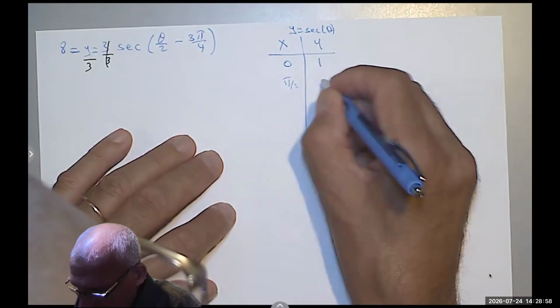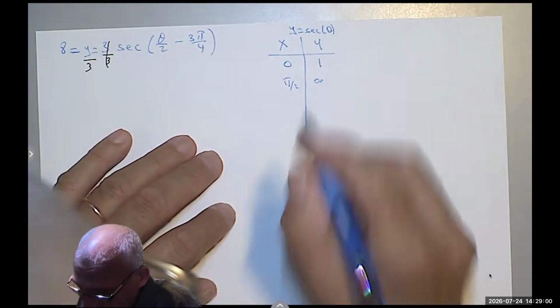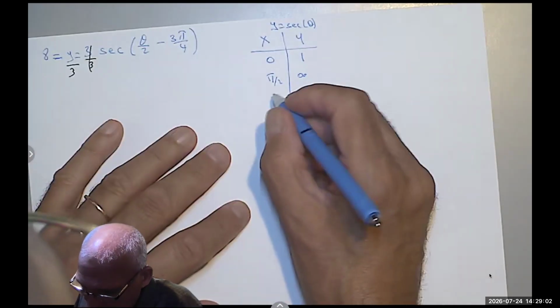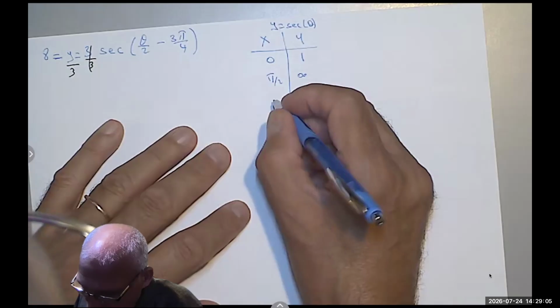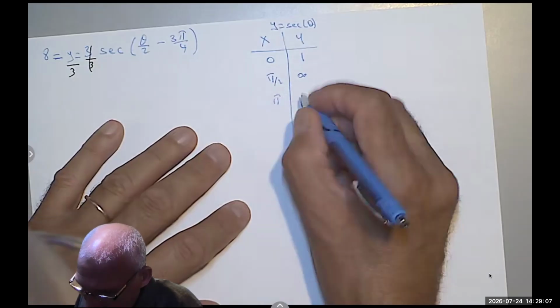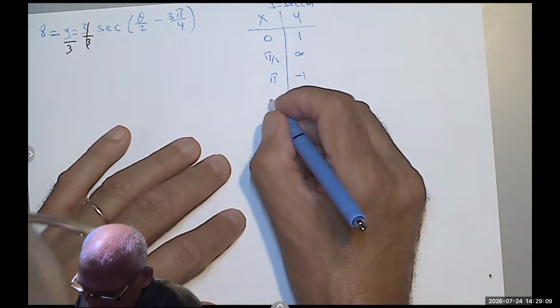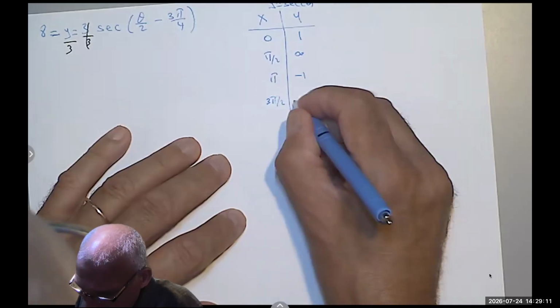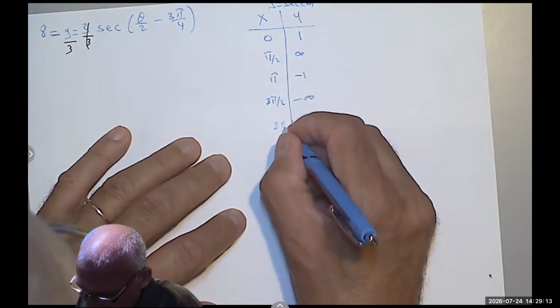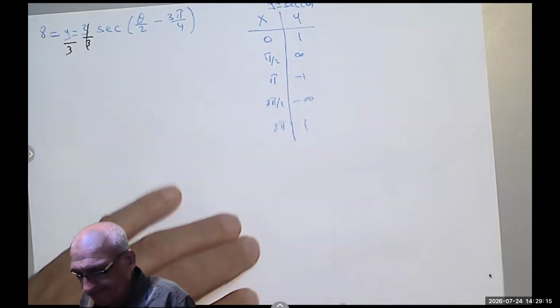Pi over 2 goes to positive infinity. And then at pi, I get -1. And then at 3 pi over 2, I get negative infinity. And then at 2 pi, I get 1 again.